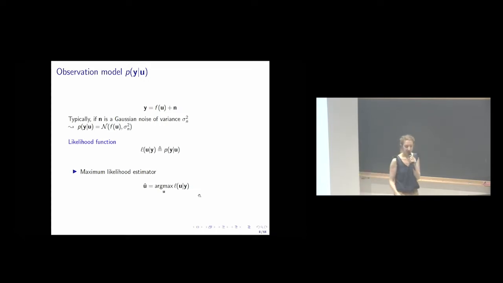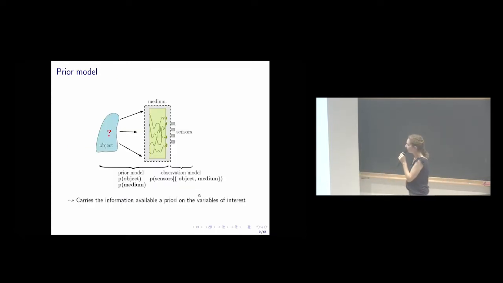If you are not so lazy, you can try to give more insight, more information to your estimator. And if you can, it's not always the case, you will then define a prior model, namely some knowledge you have on the object or the medium.